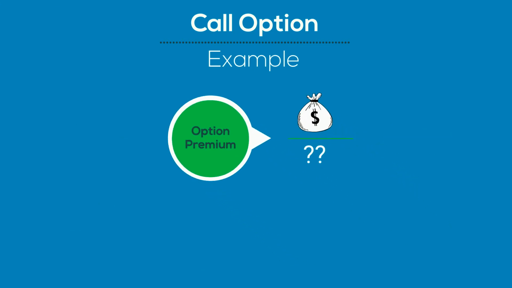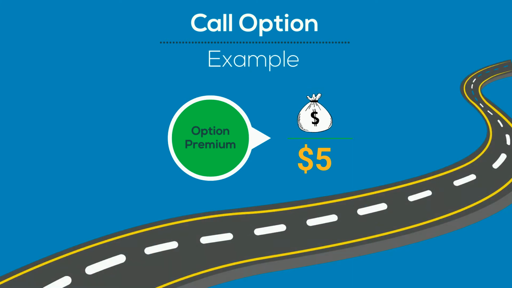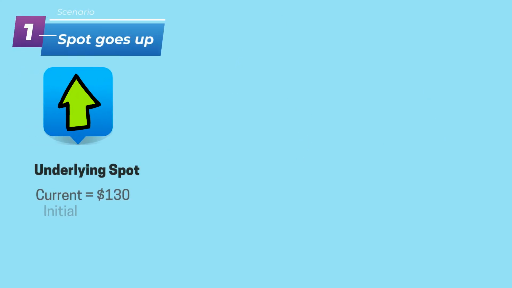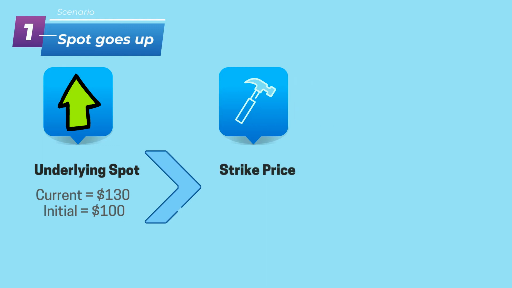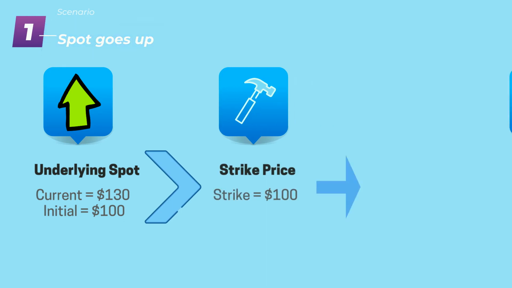Let's assume that you pay $5 for the call option, and consider different scenarios at the end of 1 year. In the first scenario, the underlying spot goes up to $130 at the end of 1 year. Since the price of the underlying at maturity is higher than the strike price of $100, you would choose to exercise the option.